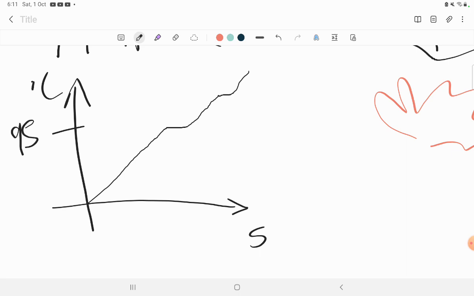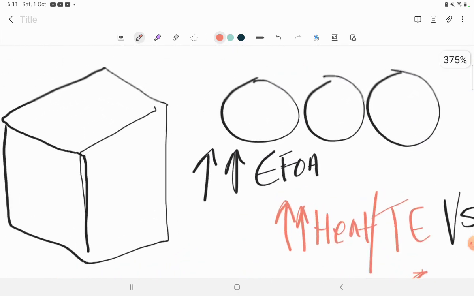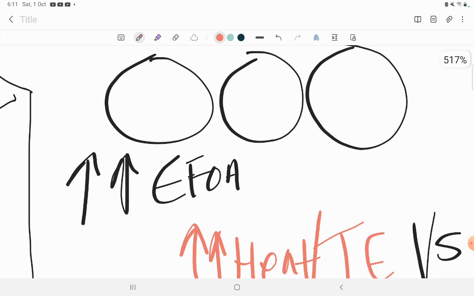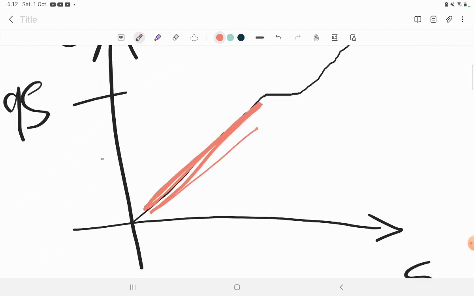Why? Because at this stage over here, the molecules still have a strong EFOA. So when you give it, let's say, 50 degrees Celsius of heat, it is still a solid.